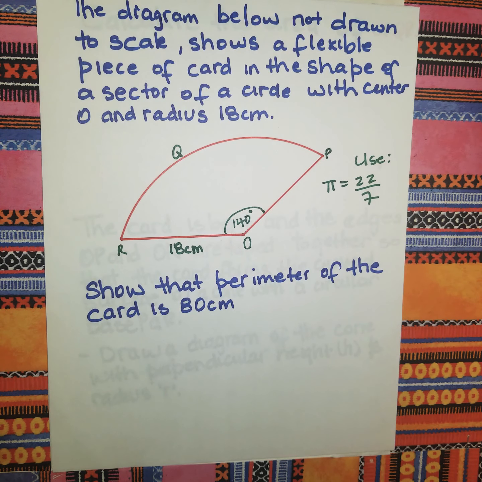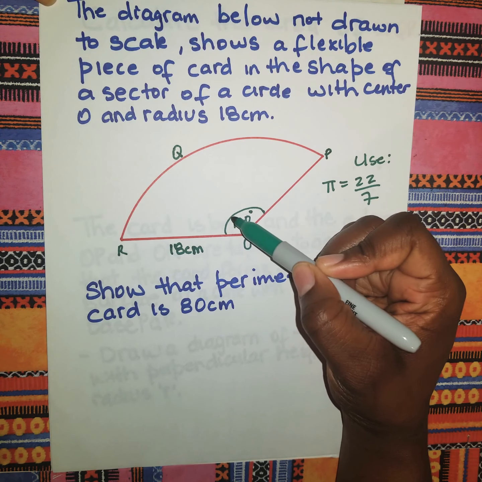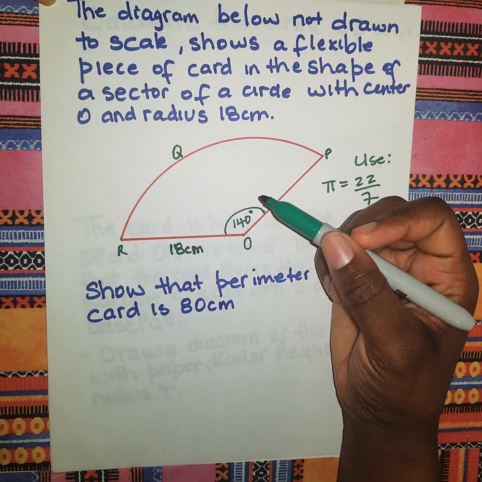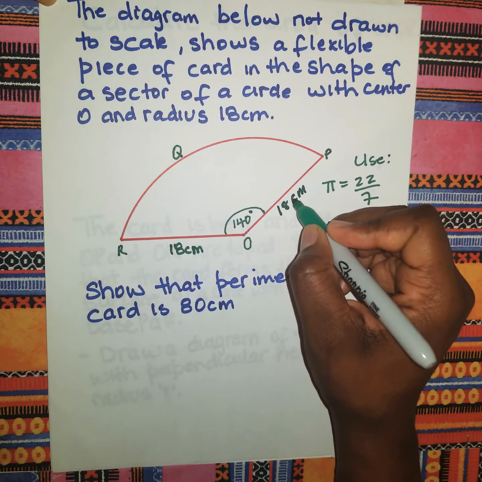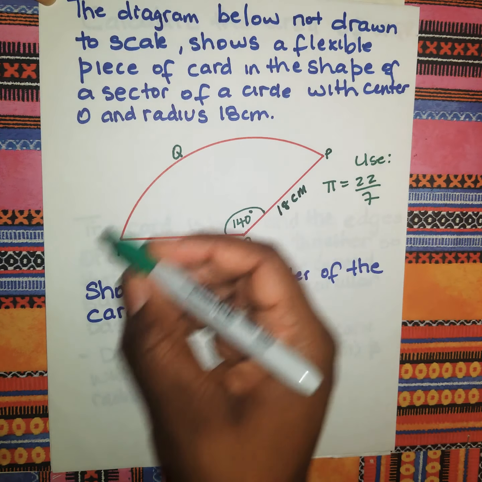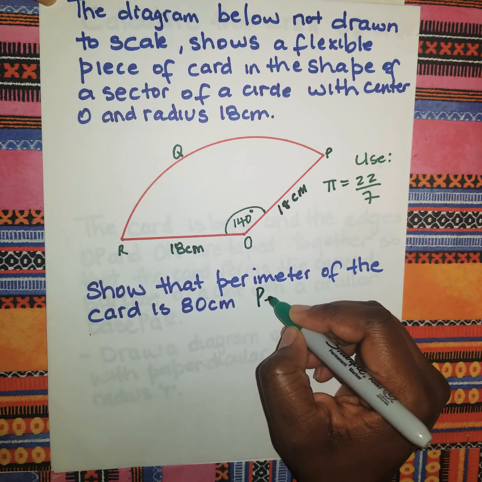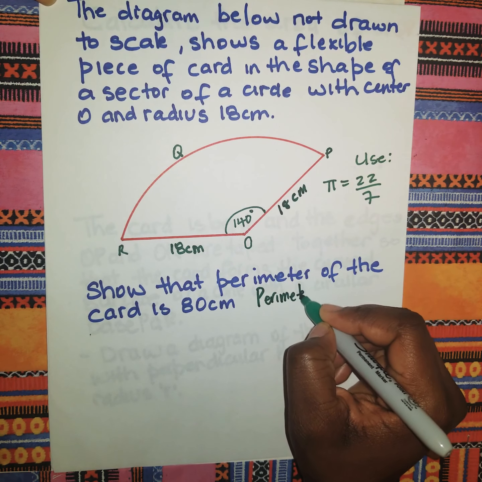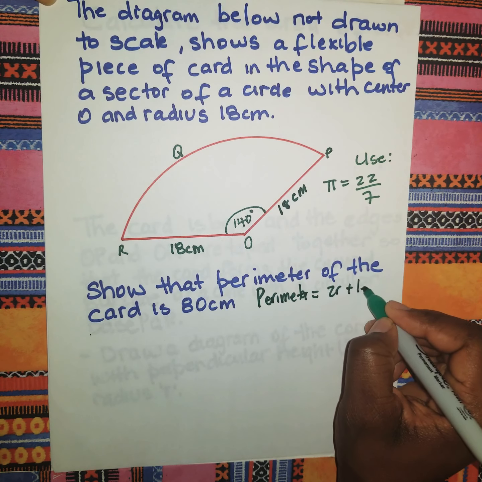So it says, show that the perimeter of the card is 80 centimeter. Perimeter of this, guys, means the distance around this shape or this sector. We know that we have two radii going on here. So 1, 2. And the perimeter of a sector is equal to 2r plus the length of the arc.